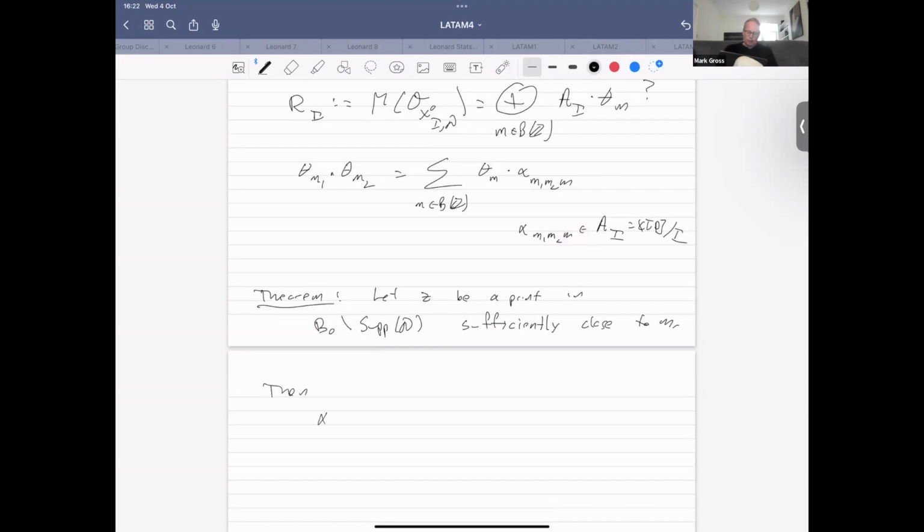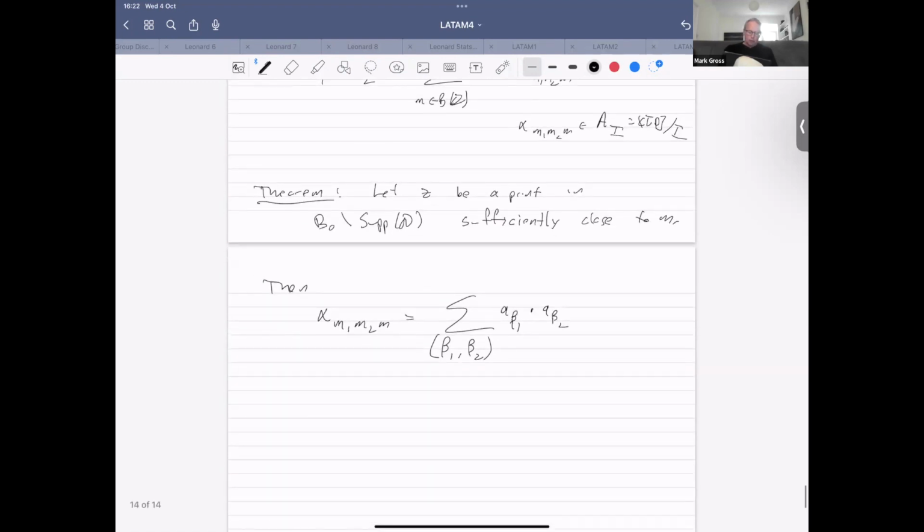Then alpha m1, m2, m is equal to the sum over pairs of broken lines beta 1, beta 2 for m1, m2 respectively, of the monomial coefficient of beta 1 times that of beta 2.